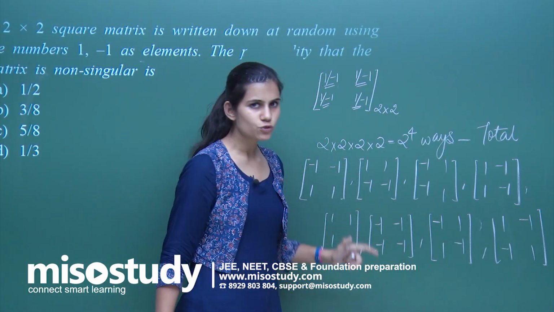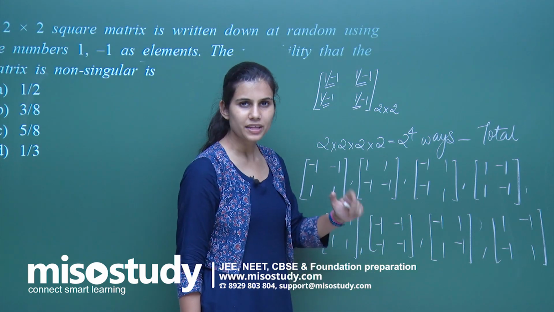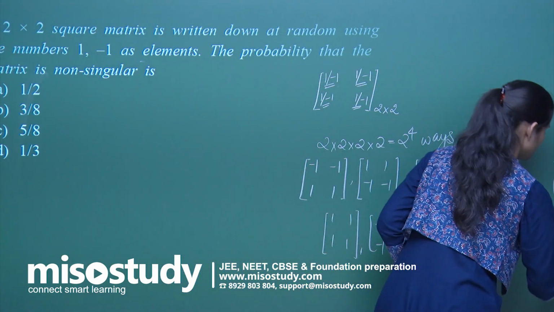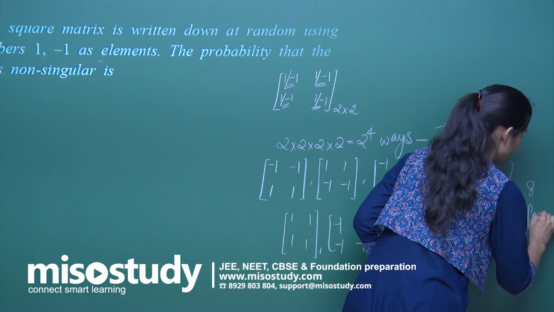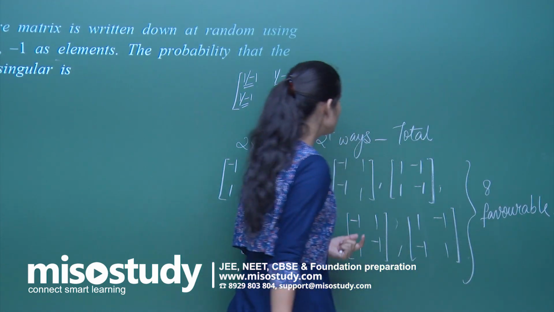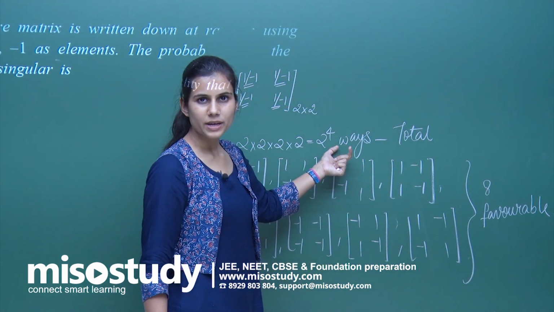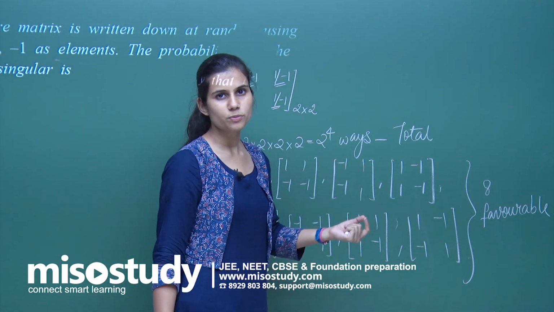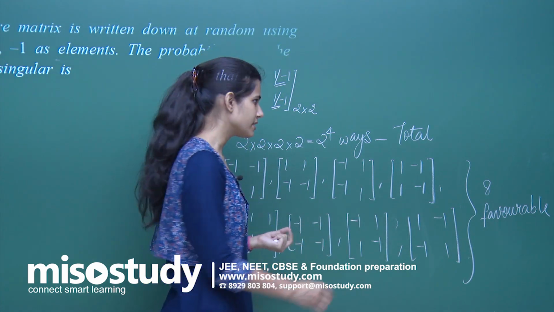These are the 8 2 cross 2 square matrices with entries 1 and -1 which are non-singular, and therefore out of the total 2 to the power 4 2 cross 2 matrices with entries 1 and -1, only 8 are non-singular.